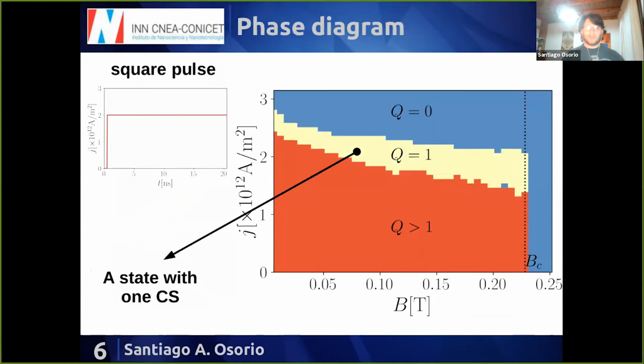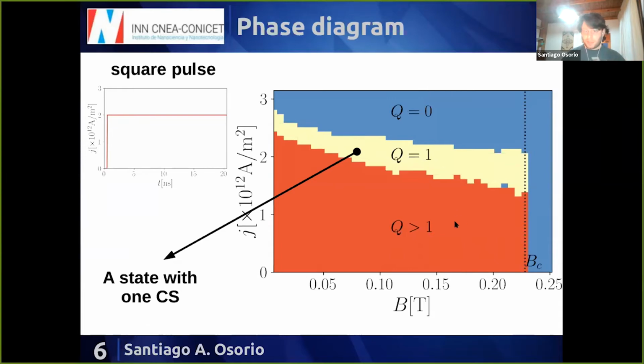So we can obtain a phase diagram that tells us the final number of solitons for a given magnetic field and intensity of the current. Our interest is focused on a state with just one soliton. So in the J-B phase diagram on the right, we distinguish 3 regions. The first of them, in blue, is where Q is equal to zero, which means that we have no soliton there.